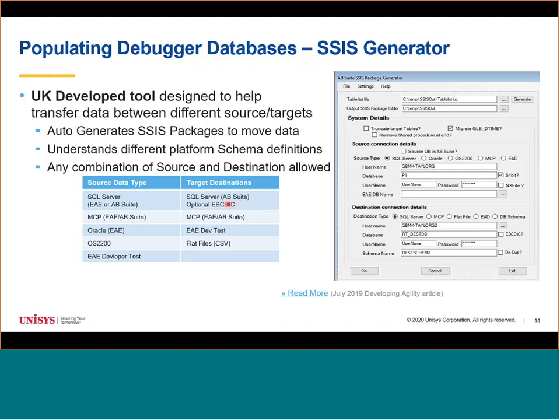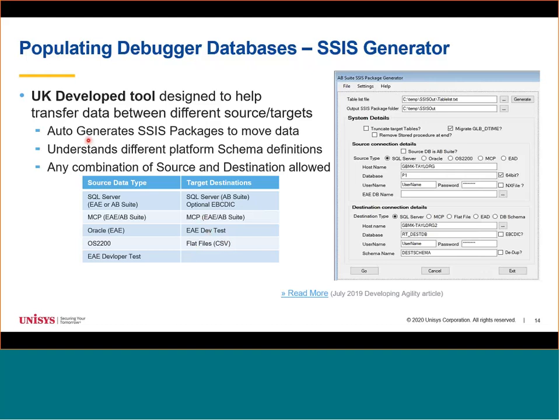So SQL Server, including the option of making it EBCDIC. We've got the option of going to MCP, so we can go from SQL Server to MCP, we can go from 2200 to MCP, we can go to EAE Developer Test. There's some restrictions on that, but in general we can do that, so it allows you to move data around pretty much any way you like, even to flat file CSV type files if you want to.